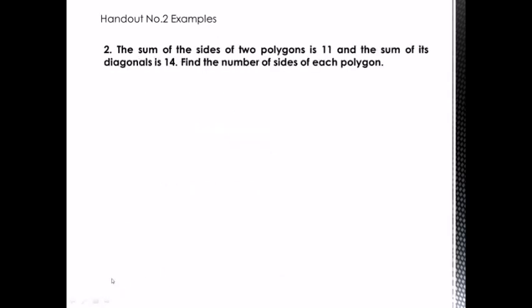Problem number 2. The sum of the sides of two polygons is 11 and the sum of its diagonals is 14. Find the number of sides of each polygon. So for this, the sum kuno of the sides of two polygons, so n1 plus n2 is equal to 11, and the sum of its diagonals, diagonal 1 plus diagonal 2 is 14.